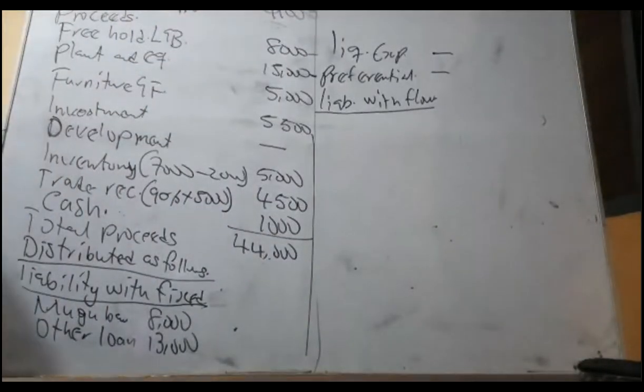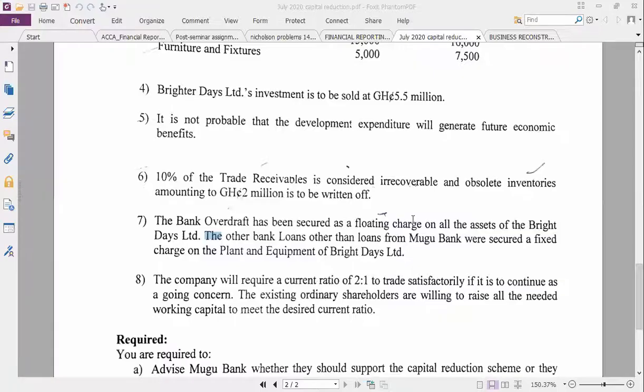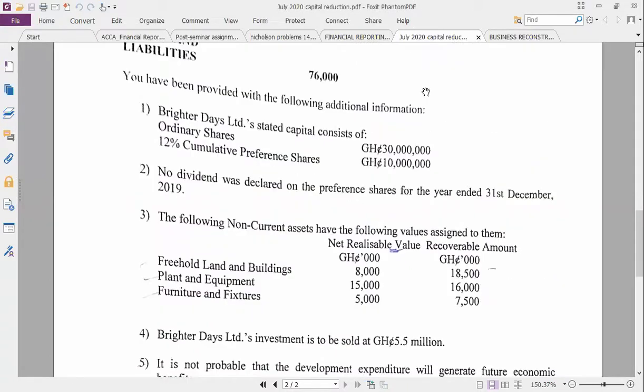Let's go to the question. Liabilities with floating charge. It says the bank overdraft has been secured as a floating charge on all the assets. So let's go and pick the bank overdraft. Where is the bank overdraft?